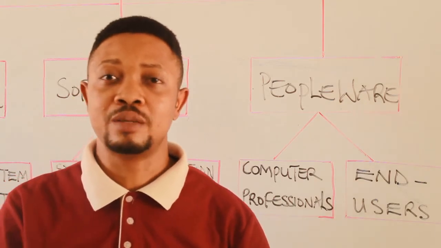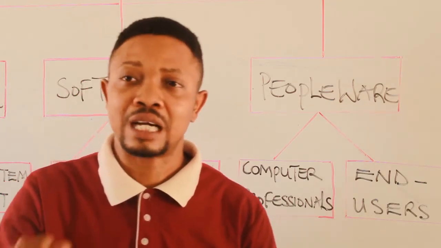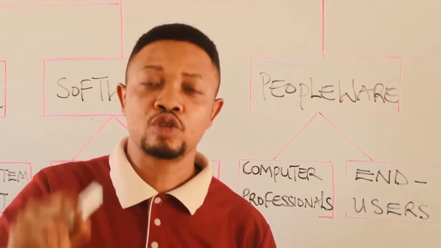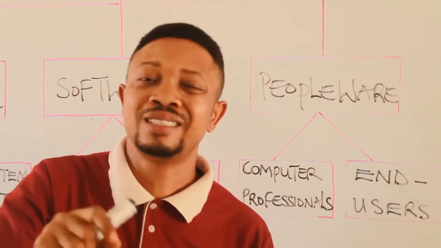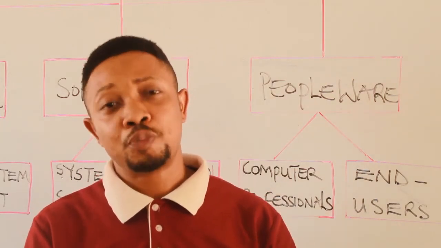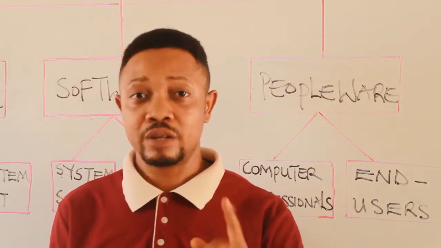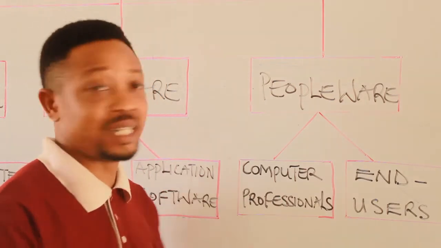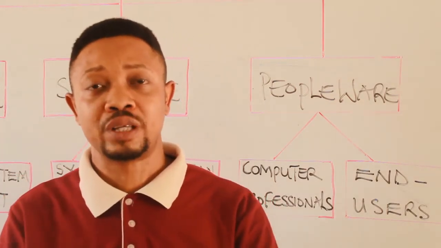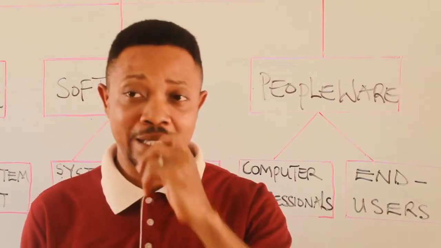A network is simply the interconnection of two or more computers for the purpose of sharing information and resources. Of course, we understand that computer resources are expensive. Resources could be a printer. That is one example of what we call computer resources.